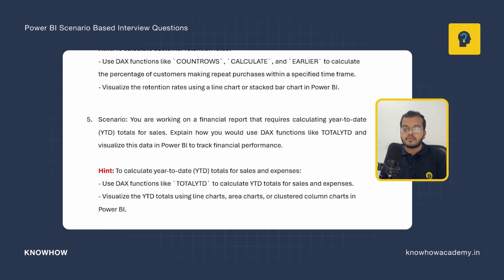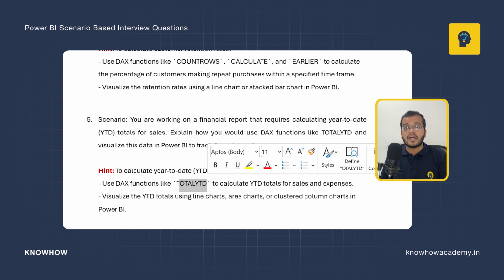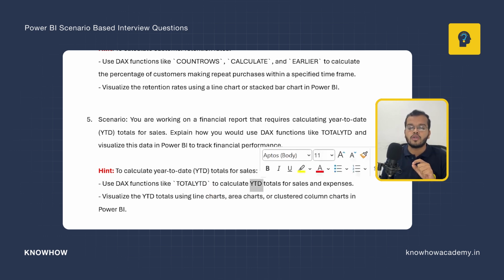For this, to calculate year to date total sales, we can use TOTALYTD as a DAX function, and we can show this YTD sales in a line chart, area chart or a clustered column chart in Power BI.